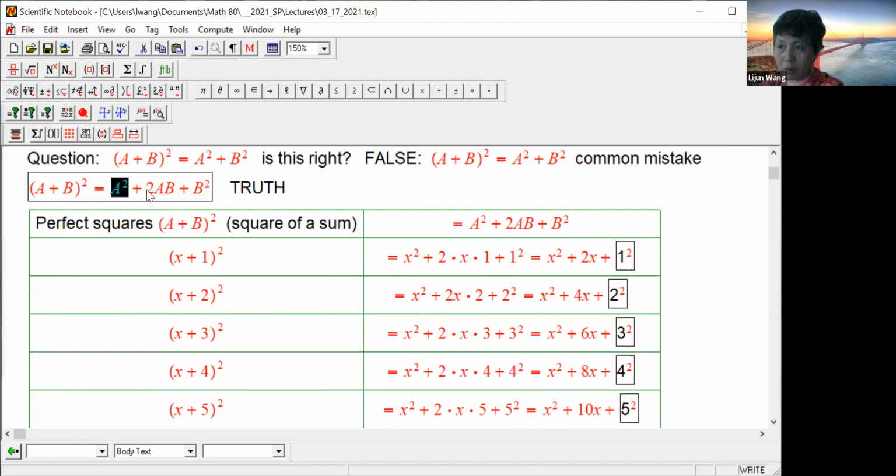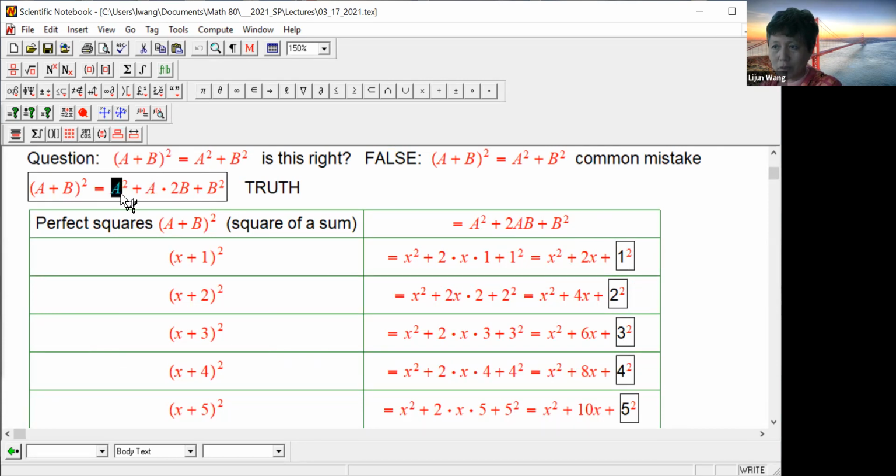A squared plus 2ab, okay? If you put an A in front, times 2b, b, 2b, b. X matches, this is the axis. Do you guys follow me?